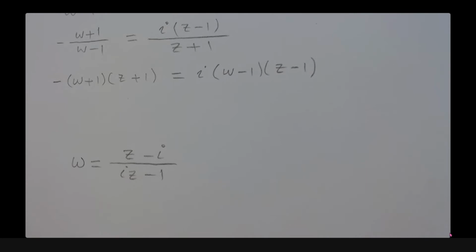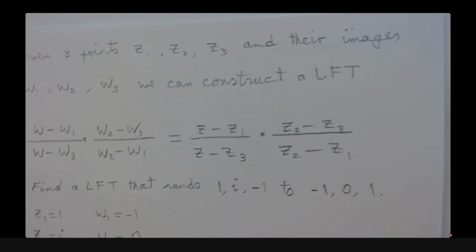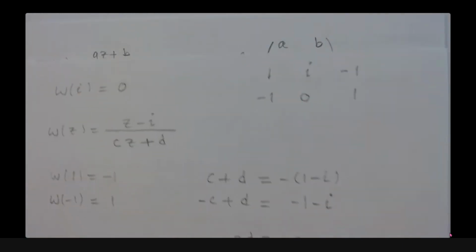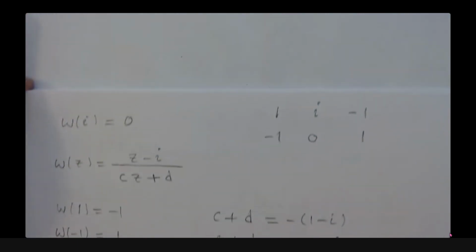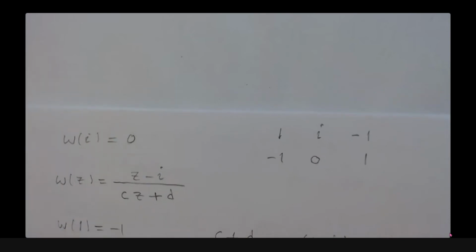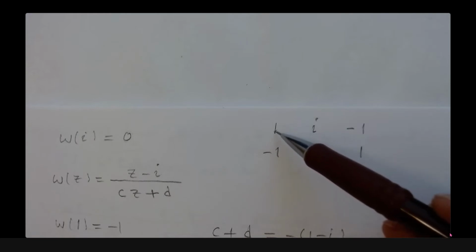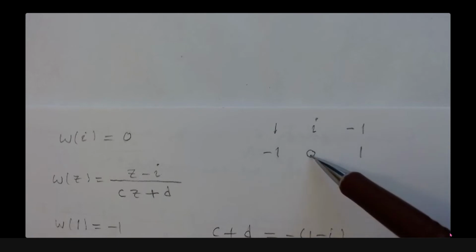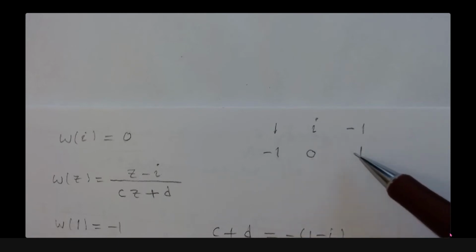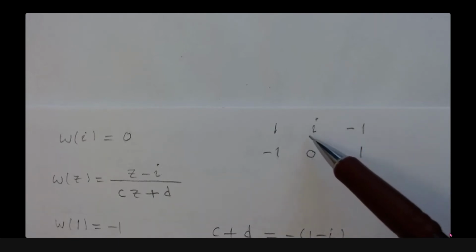A lot of times it's extremely straightforward and easy. For example, this problem that we just did here. What this problem is asking is, since these are the inputs and these are the outputs, we want W of i to be 0.